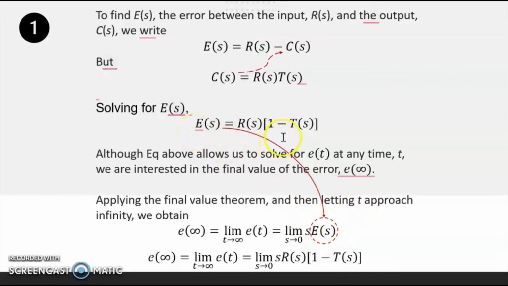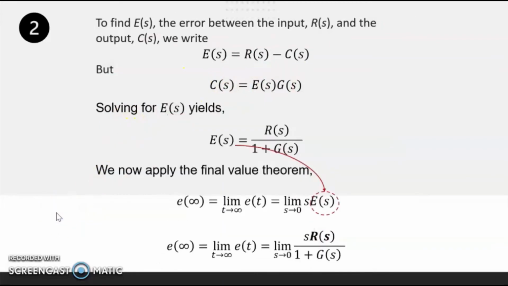Once you have this form of equation, you just need to substitute it in. So basically the error is equal to s times E(s) from here, and this R(s) is from this equation. So there you have it by looking at the closed loop transfer function. This one is the first step.